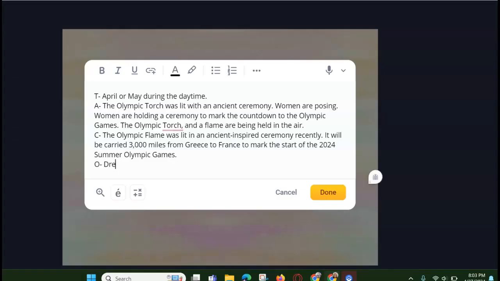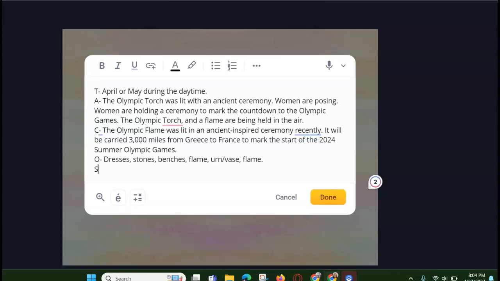Okay, so we see dresses, stones, benches, the flame, an urn or vase, the flame.